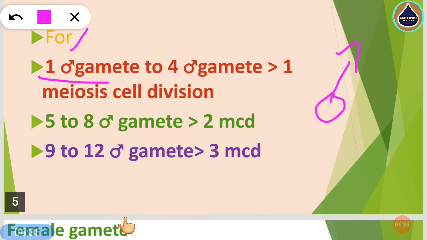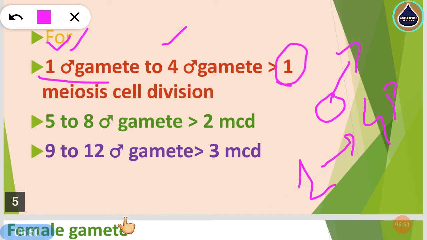So for 4 male gametes, only one cell division is needed. It means one meiotic cell division gives 4 pollen grains, and each pollen grain converts into one male gamete. So by one meiosis cell division, one pollen mother cell converts into 4 male gametes.